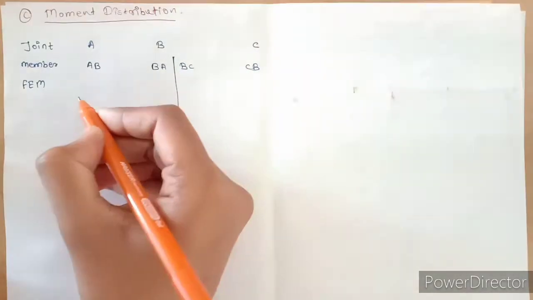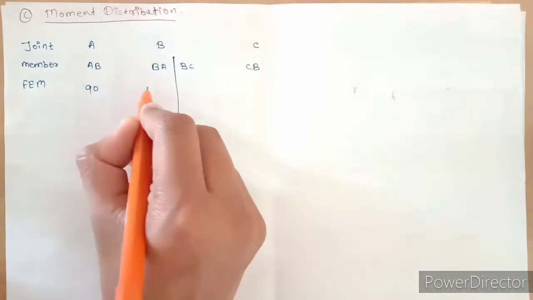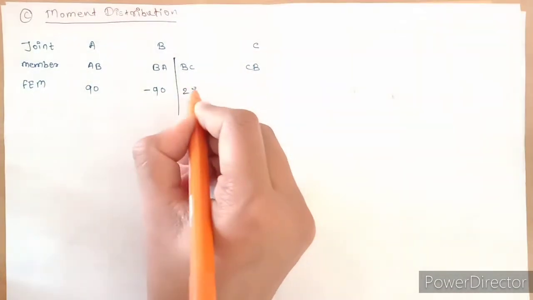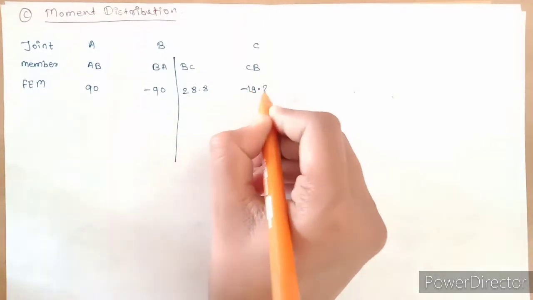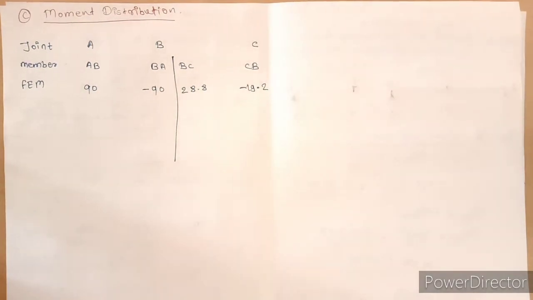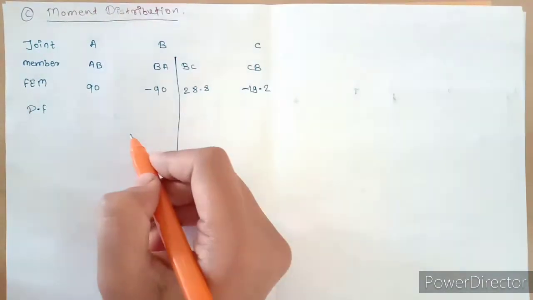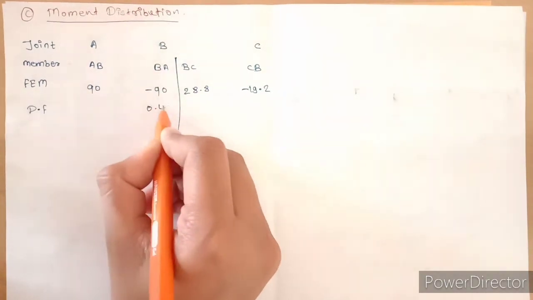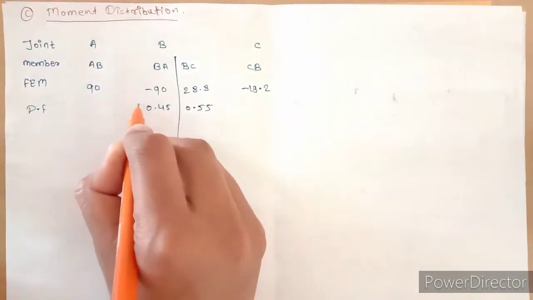Then the next row is the distribution factor, which we already found in step two: 0.45 for member BA and 0.55 for member BC.